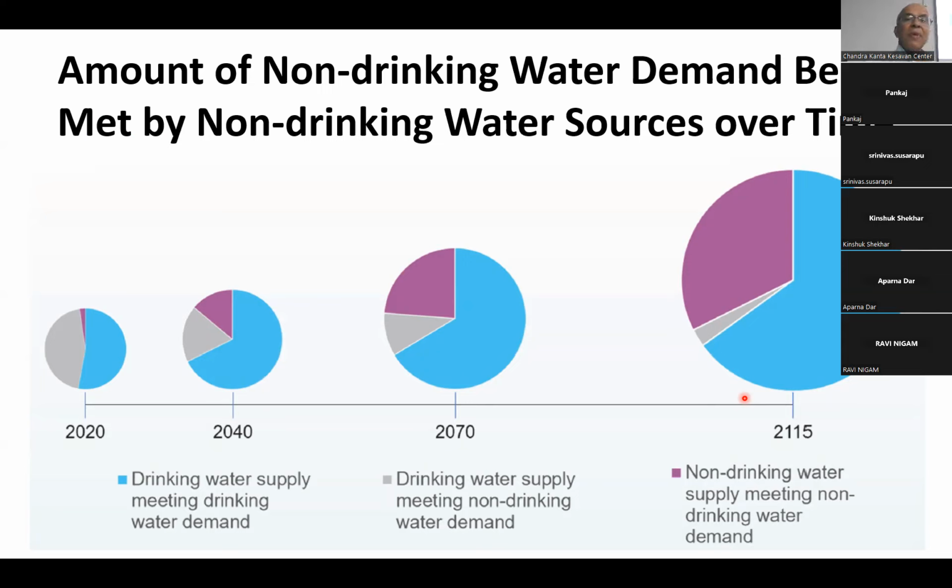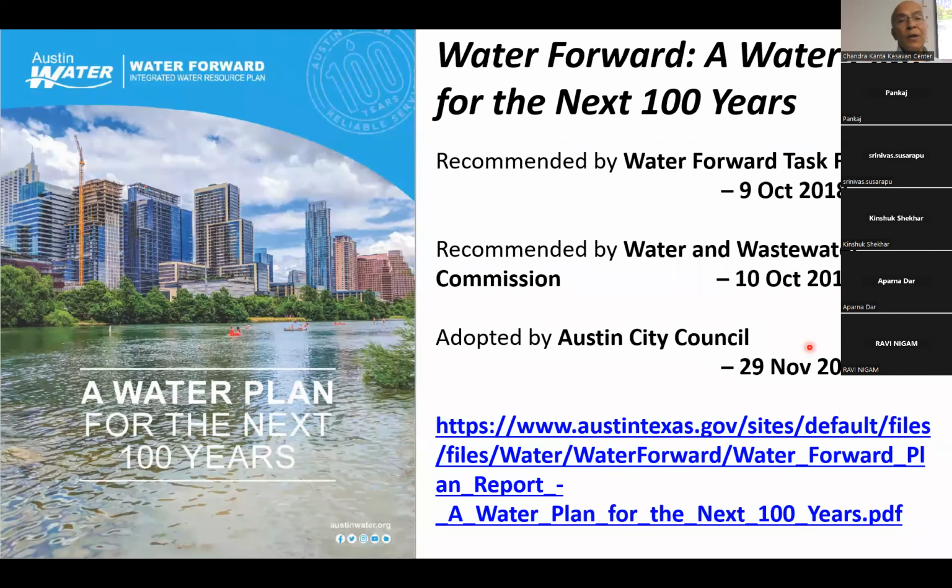In the future, there'll be only a small sliver. And the non-drinking water supply meeting the non-drinking water demand is a very small percentage right now. In the future, it's going to be much larger. Only a small portion will be drinking water demand, and that will continue to increase as the population increases. So that's sort of the summary.